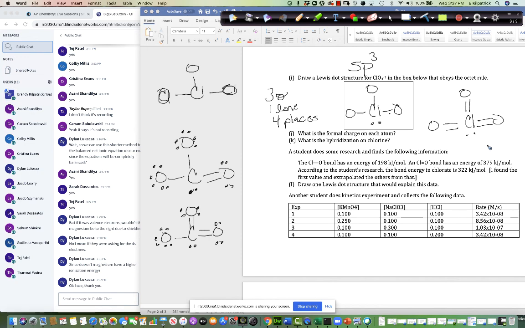So it can't be this, it can't be this, but it could have been either one of those things, because what ends up happening is it has resonance, so the double bond shifts around. So the bond energy should be somewhere between 198 and 379. So either one of those would have been accepted.